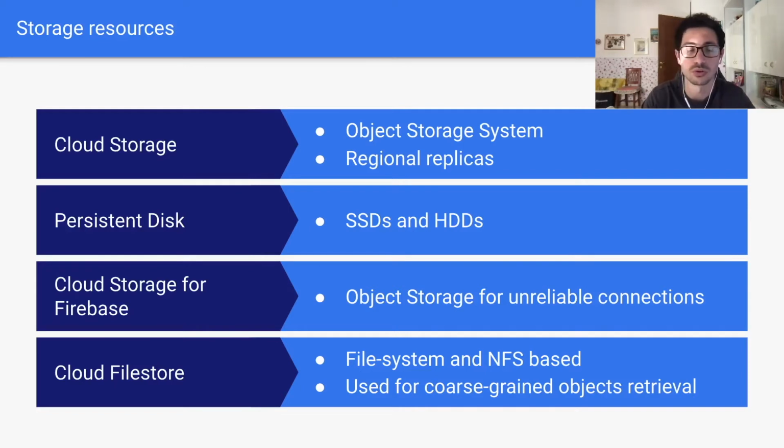Unless you already knew it before following the course, I didn't say it yet. I will go into more detail later about this, but Google structures some of its resources into regions and zones.